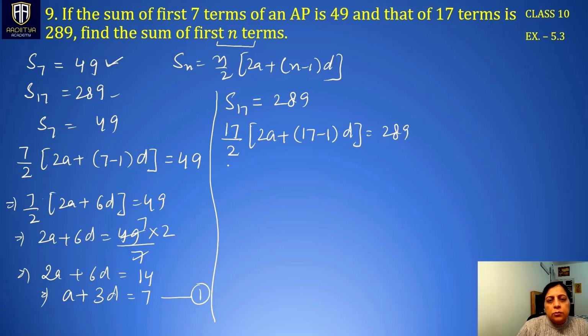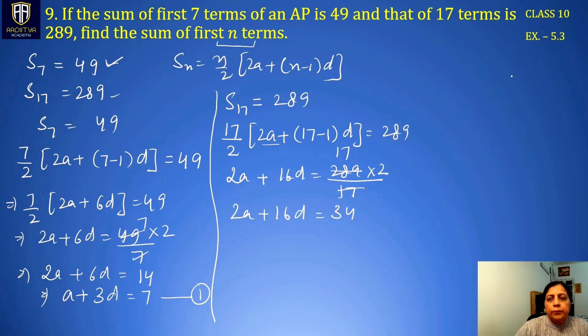Now we can flip 17 and 2 to the right hand side and open the bracket. Inside this is 2a plus 16d is 289 multiplied by 2 divided by 17. This 17 times 17 is 289, so we have 2a plus 16d is 17 twos are 34.